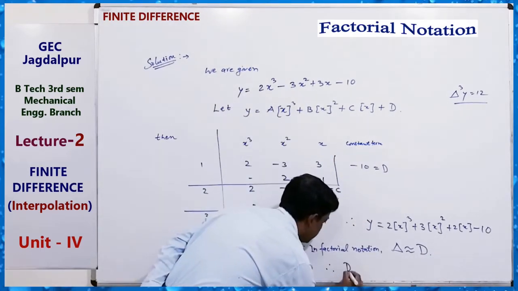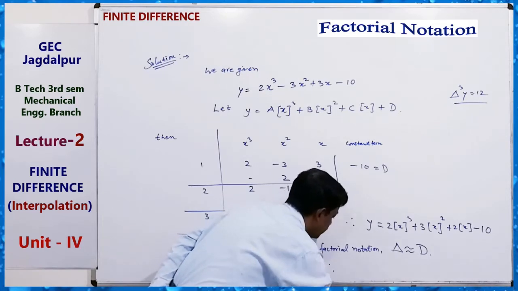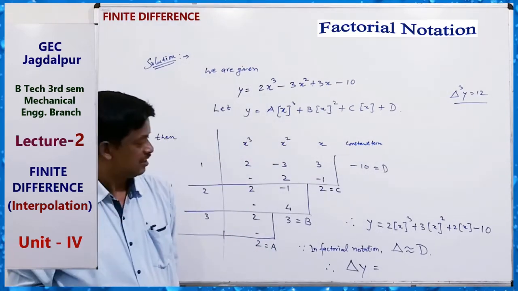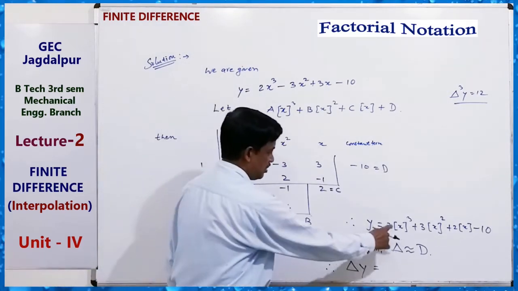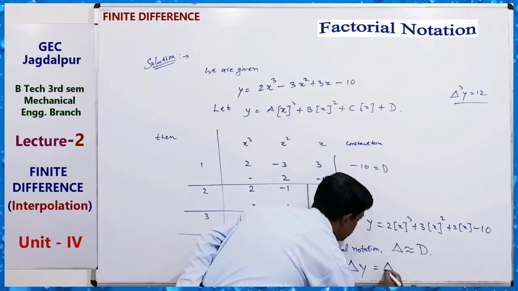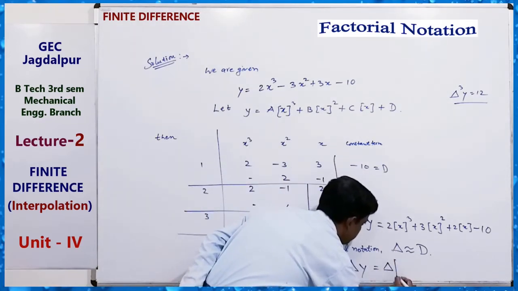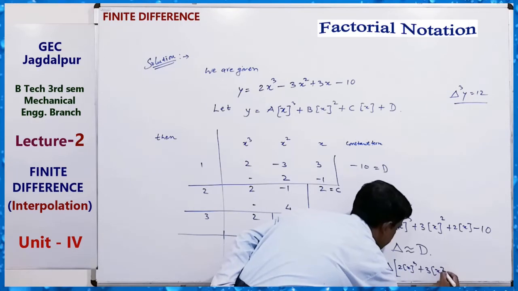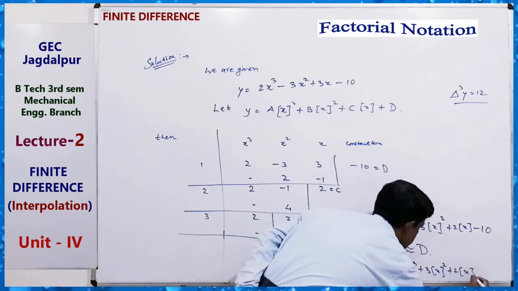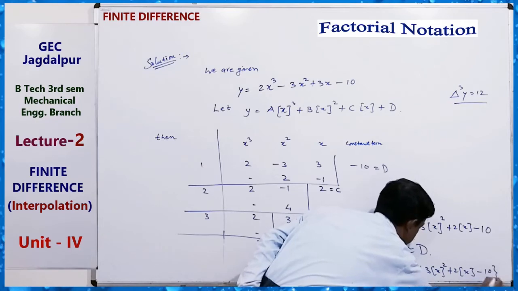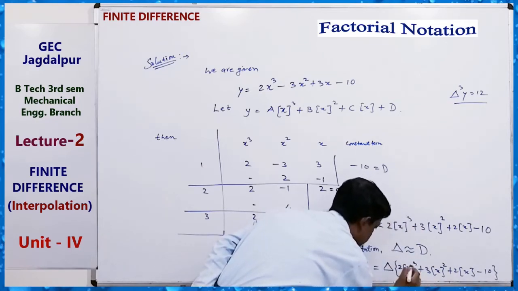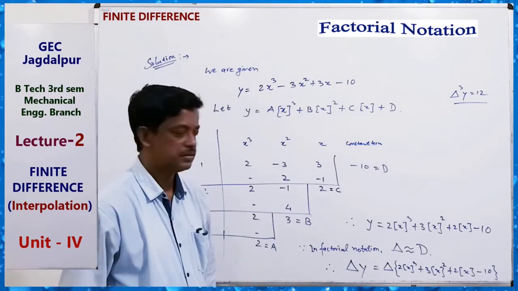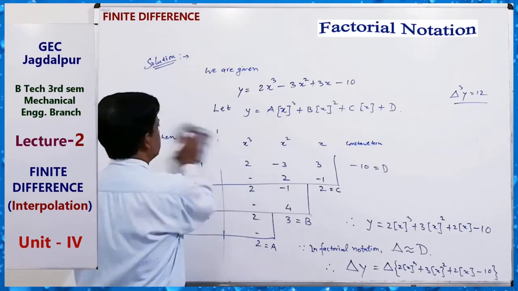Therefore del y is equal to del of this, del of 2x cube plus 3x square plus 2x minus 10. Okay, now we can find the first difference. Okay, this was the method.